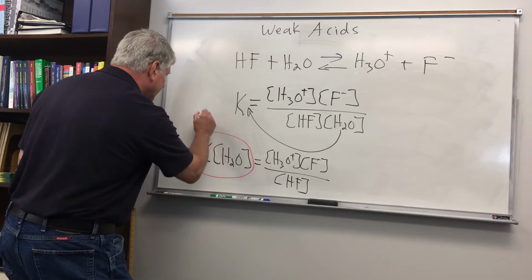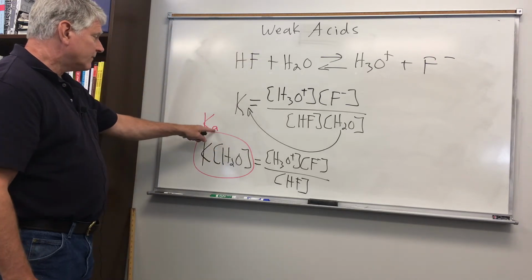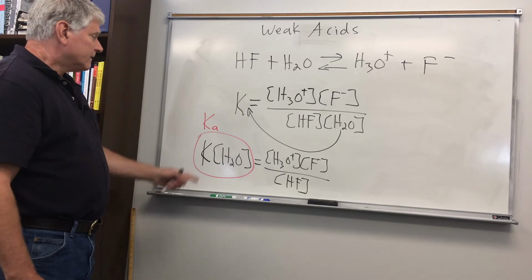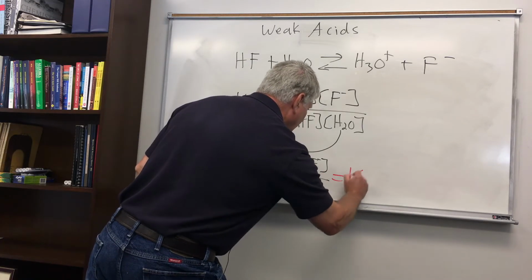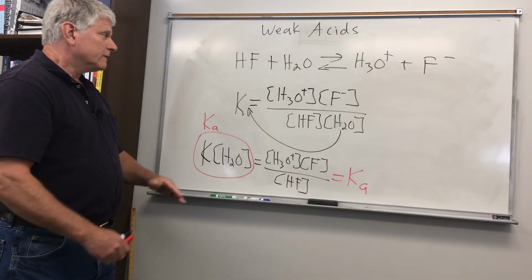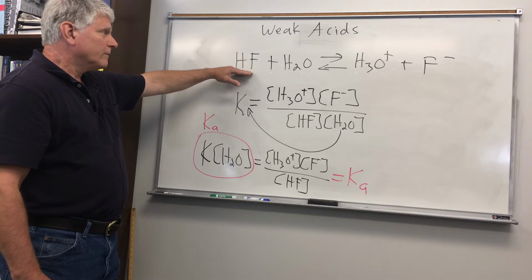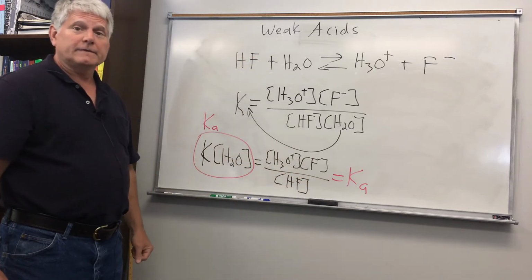Then we call this Ka. A stands for acid. So Ka is equal to this equilibrium expression. So now we have a weak acid that forms an equilibrium, and we have an equilibrium constant.